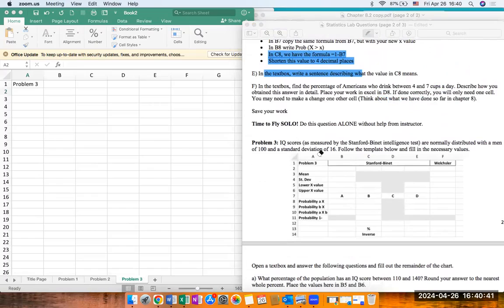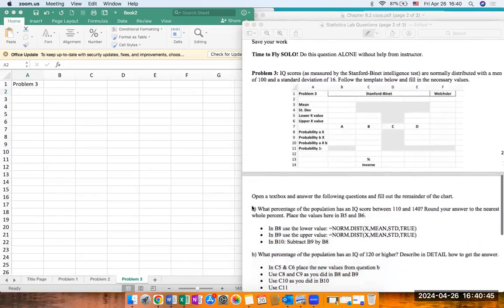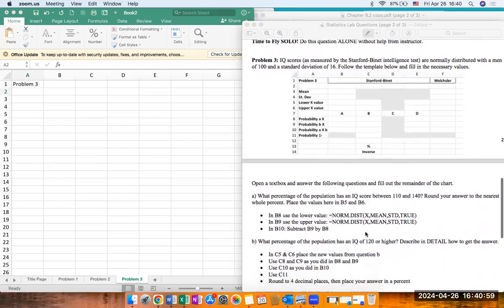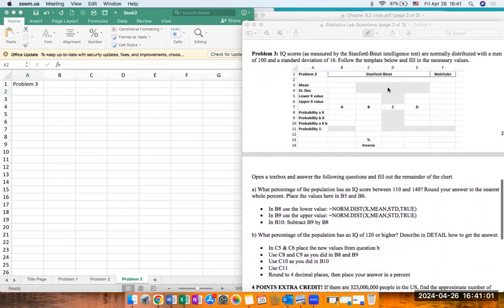Okay, so it's now time to fly solo. So do this question alone without help from me. I'll fill out the template with you guys. I'm not going to talk you through this question by any means, but I do want to make sure you have the proper layout. It does say here that the gray is stuff that we're not going to be filling in.